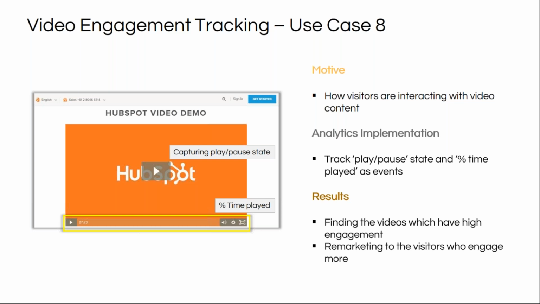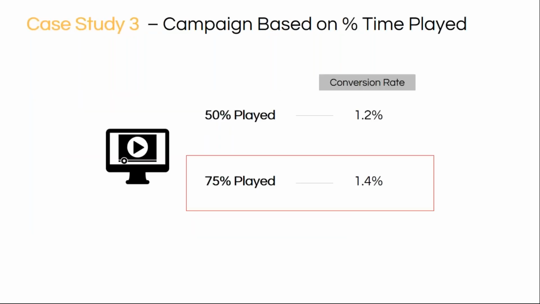And also we can identify a segment of visitors who have very high interest towards our brand, our products, our site, because if they are engaging with our content, it means that they show interest. So we have a real case study where we were able to improve the conversion rate through remarketing to different audiences, which we segmented by the percentage of the video they played.